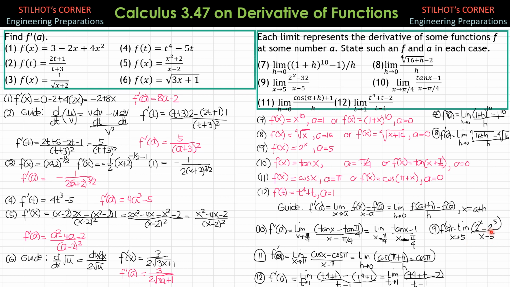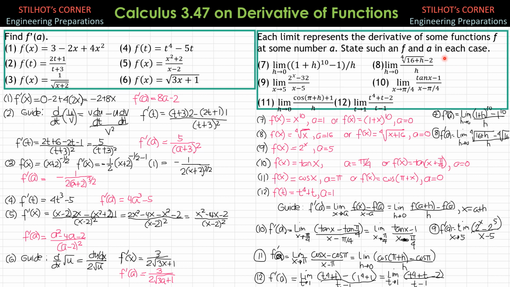And f of a is 2 to the a. Since a is 5, 2 to the 5 is 32. That's why you have that 2 to the x minus 32, limit as x approaches 5, all over x minus 5. So that's the function f of x.